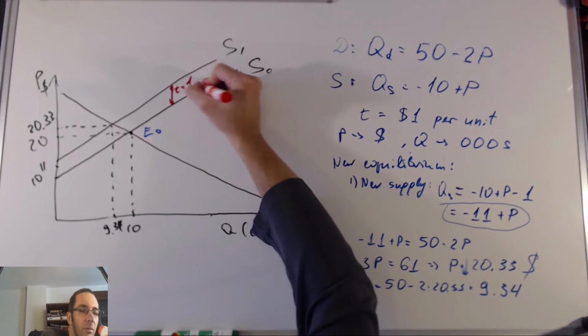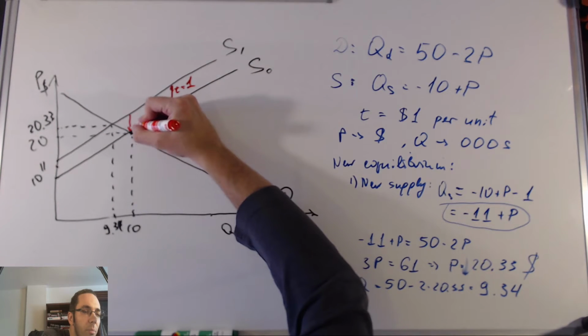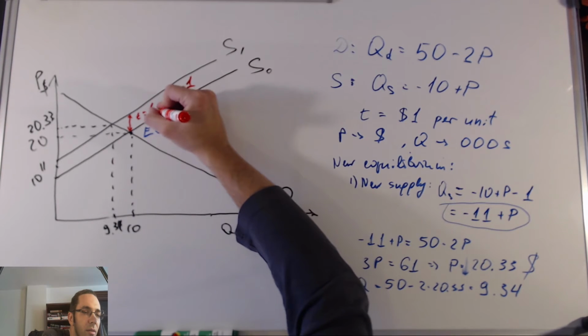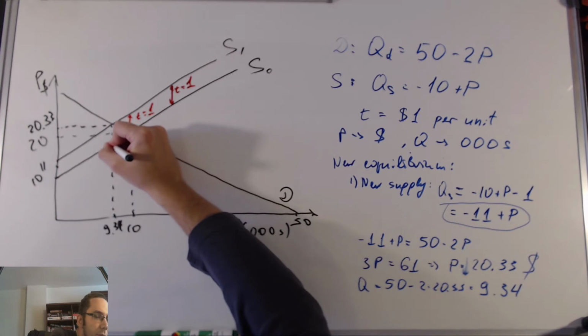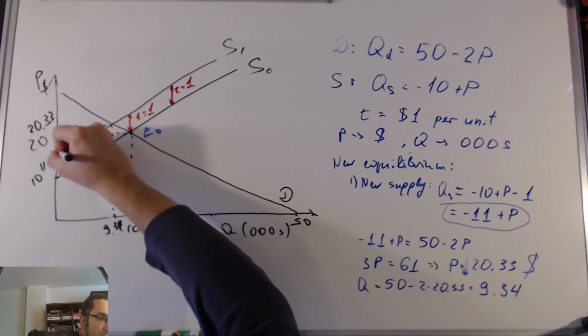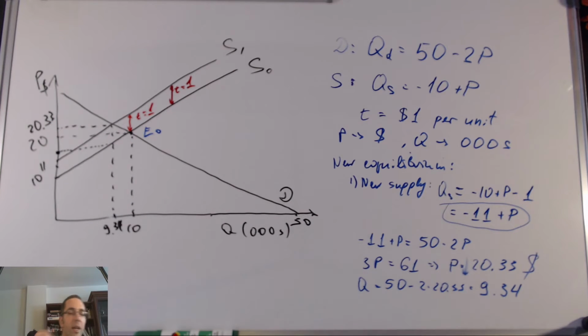T is equal to 1 at any point. Now, what will be the price that the producers will be receiving? That's easy. If the consumers are paying 20.33, then we can subtract $1, which is the tax, from 20.33.